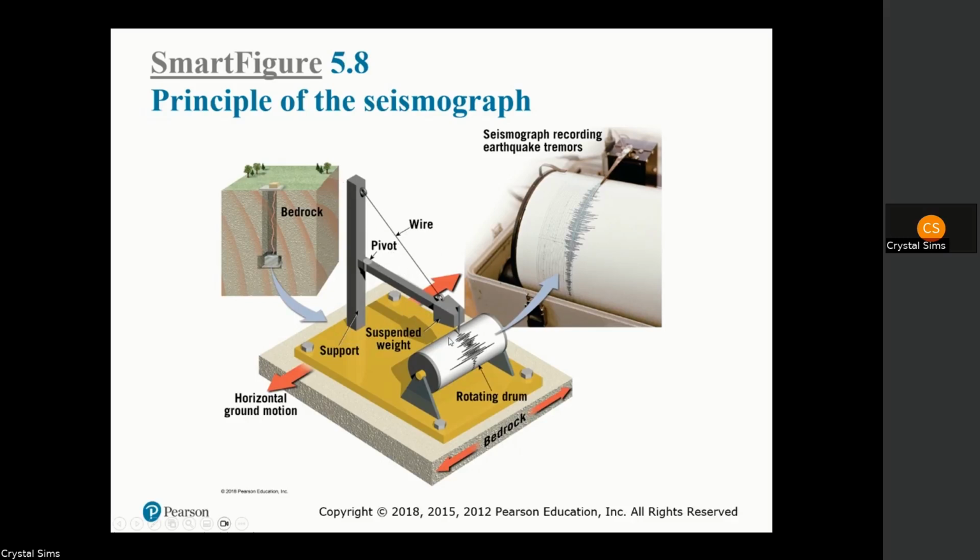And since it's hung there by a wire and it's pivoting here, it's going to pivot more when there's more energy applied and pivot less when there's less energy applied. So most seismographs are designed to amplify the motion of the ground so that very weak earthquakes can be detected. And even an earthquake that happened in another part of the world.